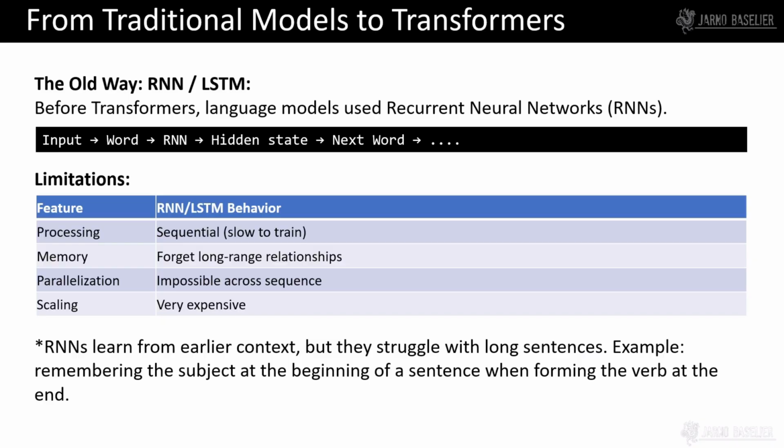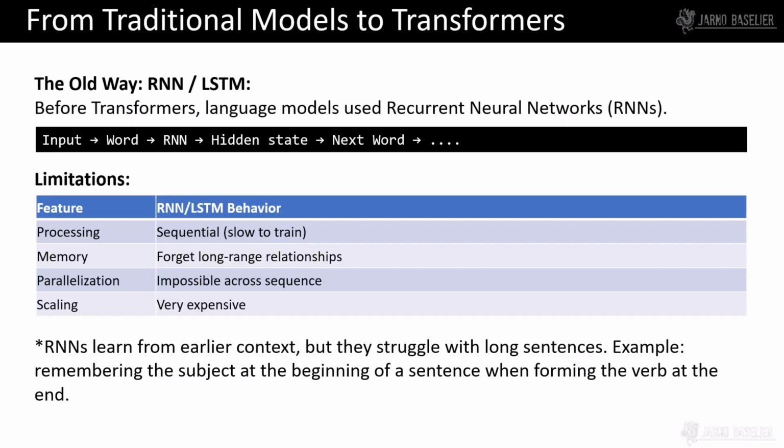Let's talk one slide about the old way, about RNNs and LSTMs. Before transformers, language models used recurrent neural networks, or RNNs, where we have input being converted to words, which goes to the RNN network. We had some hidden state, or some hidden functions being executed, and then the next word was processed, etc. So this is in a nutshell, and it has a lot of limitations.